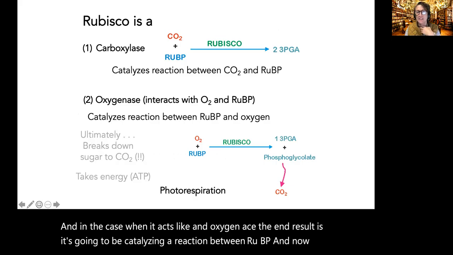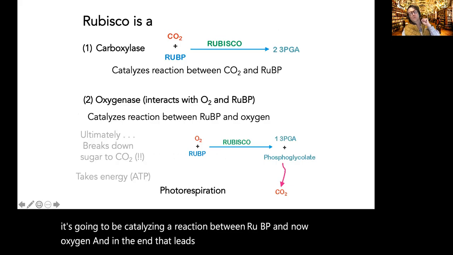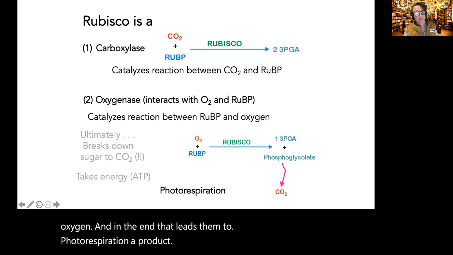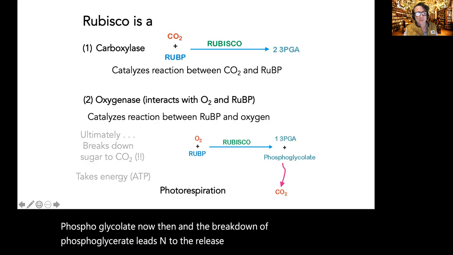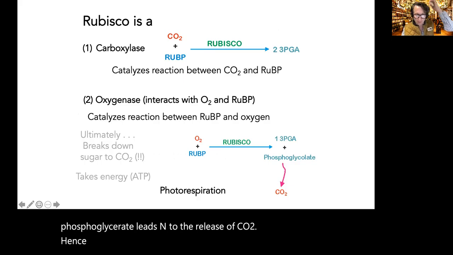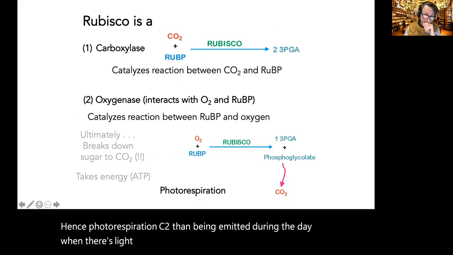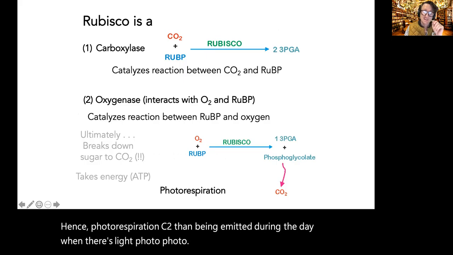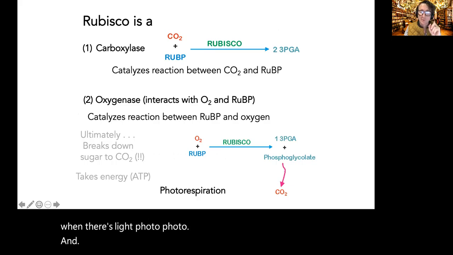And in the end, that leads to photorespiration, a product phosphoglycolate, and the breakdown of phosphoglycolate leads to the release of CO2, hence photorespiration. CO2 being emitted during the day when there's light, photo. And remember that this is a form of respiration that's outside of the normal mitochondria.